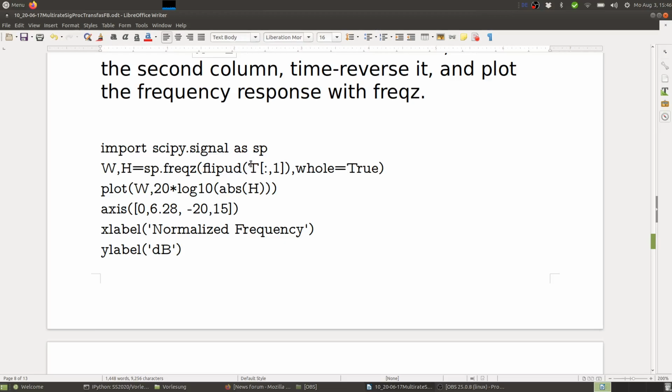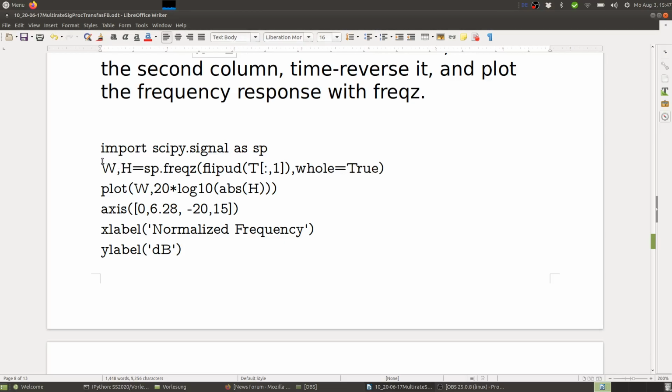Here I'm using my just obtained matrix T, and I take column number 1, meaning the second column here, flip it, and I apply freqz with the argument whole equals true. Whole means the whole circle from 0 to 2 pi.